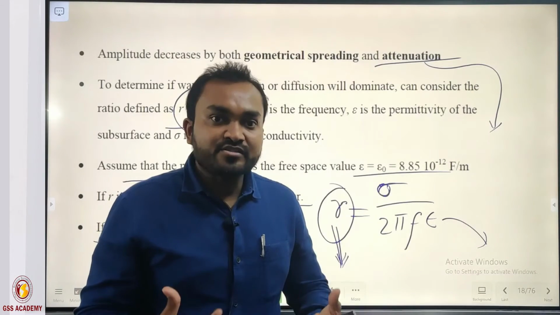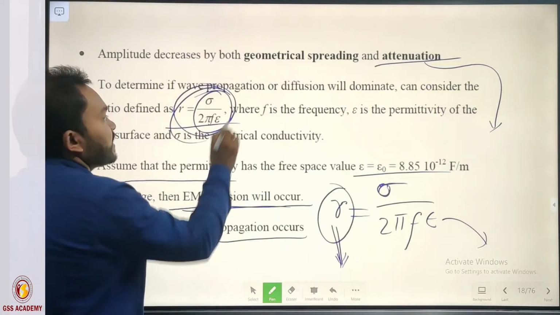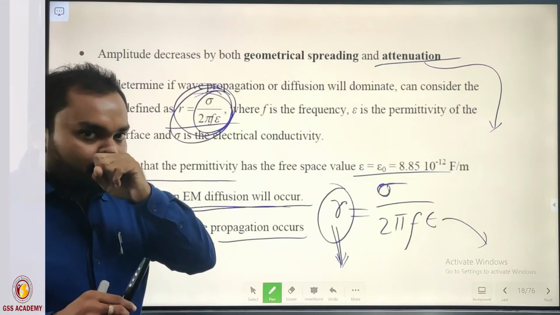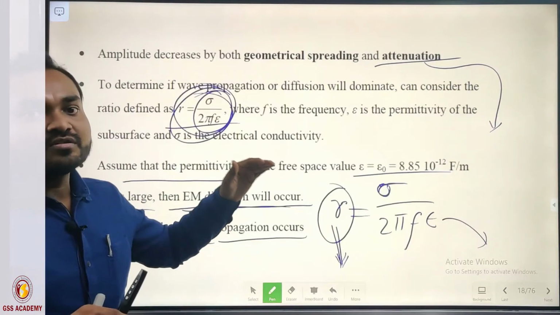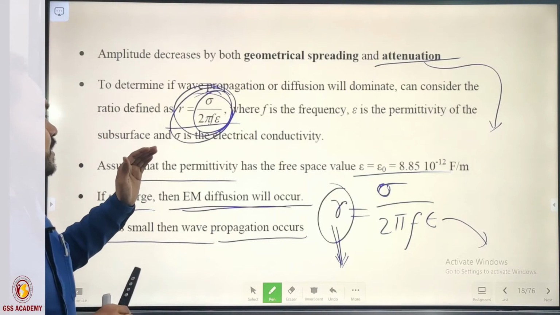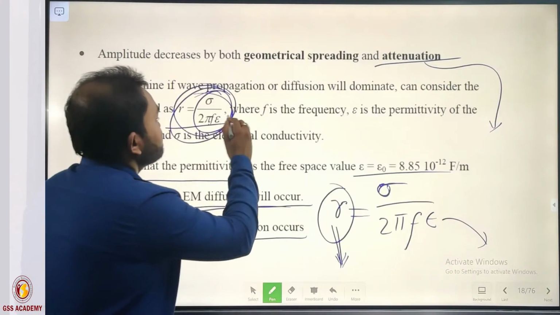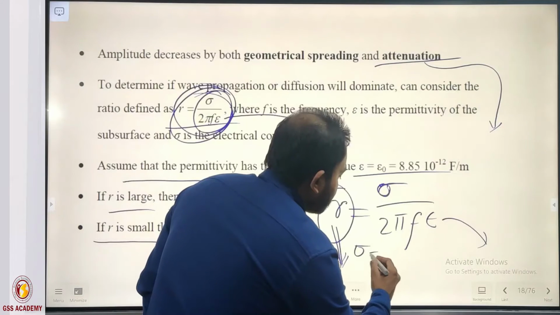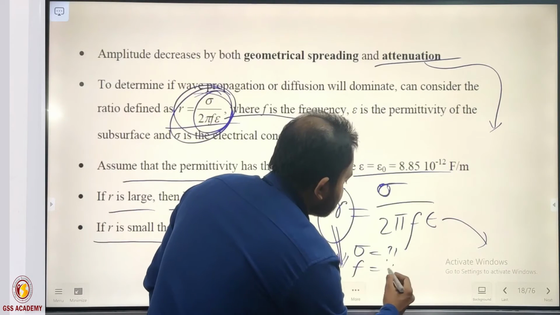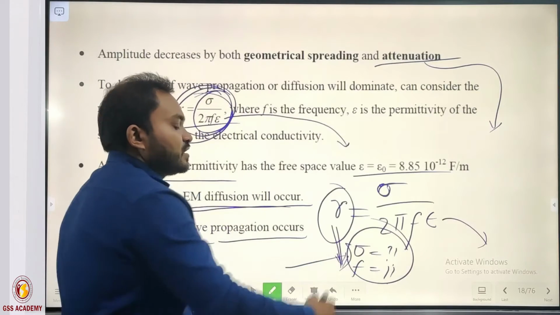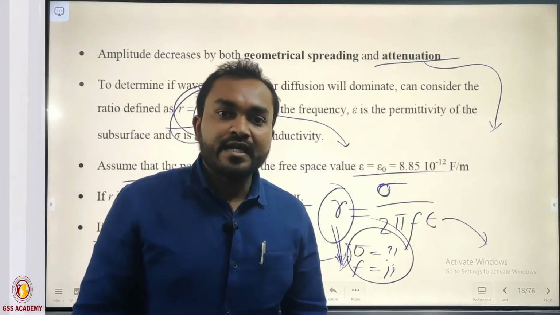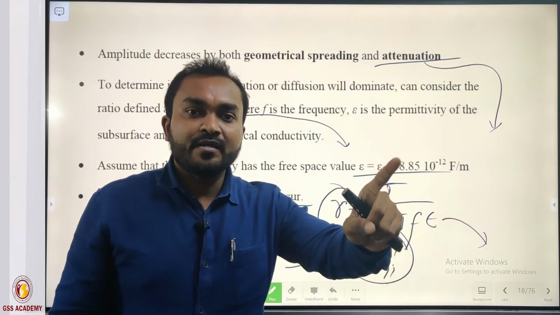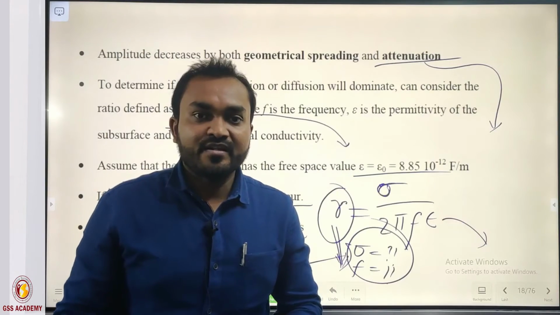We will try to understand in terms of this R parameter, the ratio of your conductivity to frequency multiplied by your permittivity. If the values of sigma, your conductivity, and your frequency are given, you can easily tell whether wave propagation or diffusion will happen.